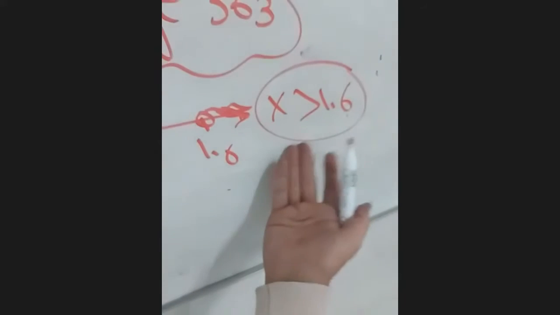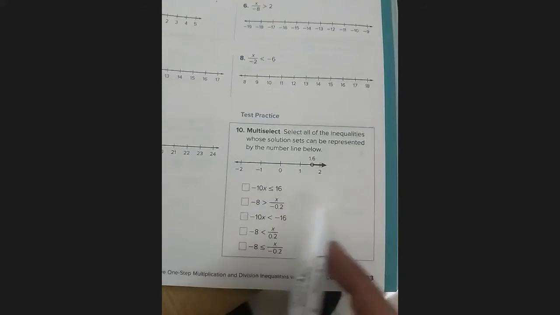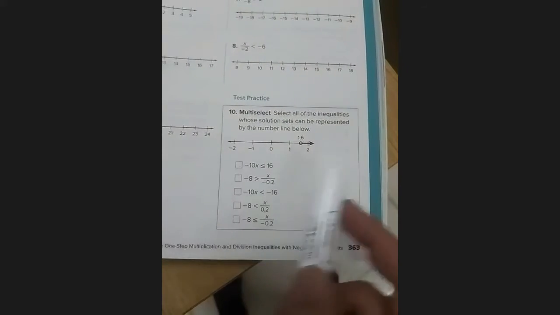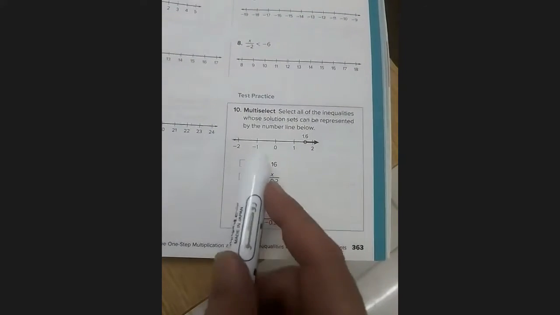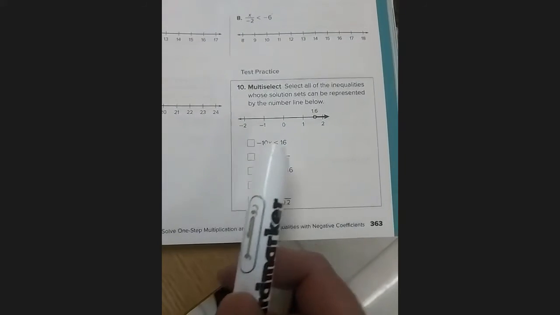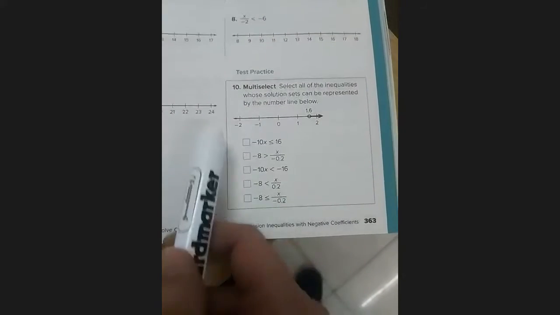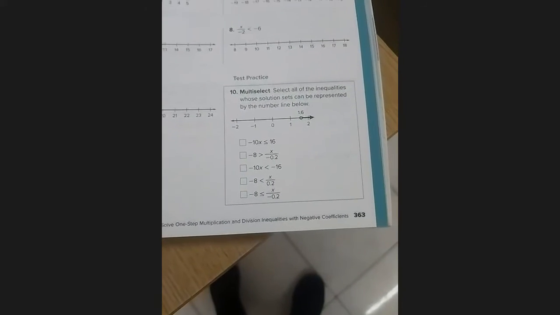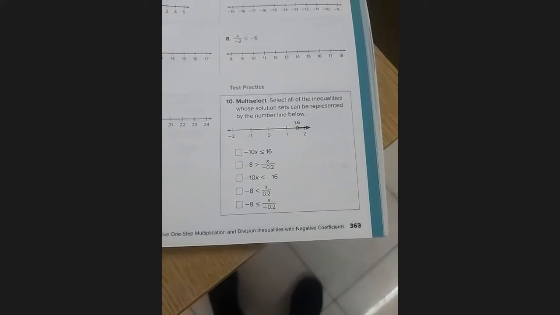This is the solution. What you will do at home in this question is solve each one, guys. You will solve each question, and any inequality with the same solution, you will select it by a check. If you don't have the same solution, you will put a cross. Do you understand the idea? Yes.